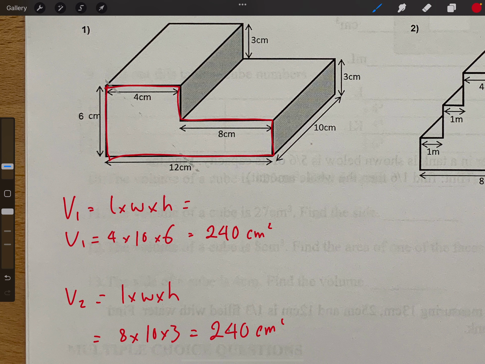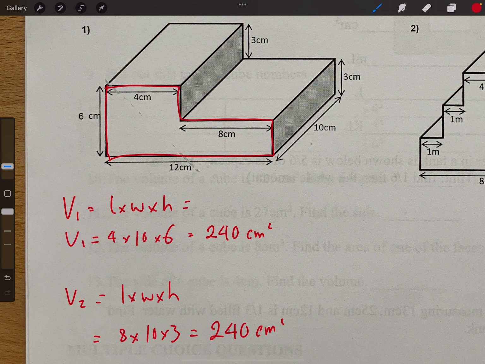And we're going to take away the area of this piece, which is 8 times 3. So 72 take away 24. What's 72 take away 24? This will be 8, this will be 4, so that equals 48. So the cross section area is equal to 48 centimeters squared.